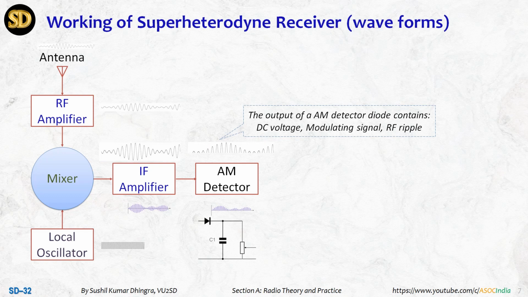The output of the AM detector diode D1 contains a DC voltage, because there is no AC component. You see the wave shape is the modulating signal as per the IF signal, and RF ripples. It is in pulsating form. These RF ripples will be removed by capacitor C1.